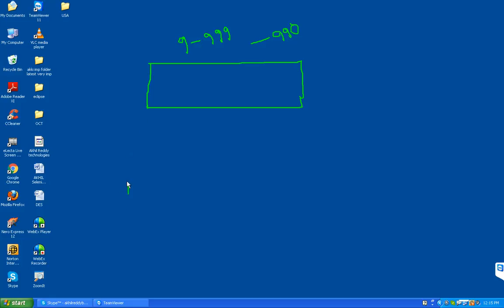Here, the inputs are lower bound minus 1, lower bound, lower bound plus 1, upper bound minus 1, upper bound, and upper bound plus 1.